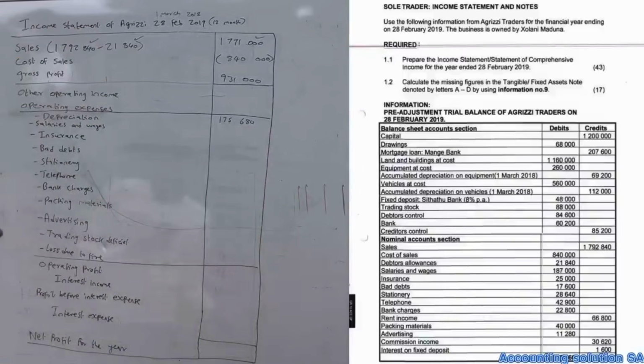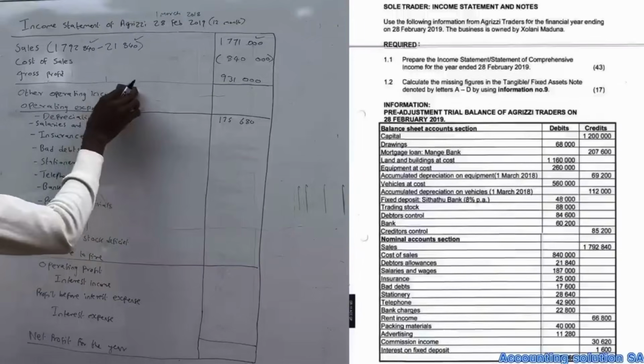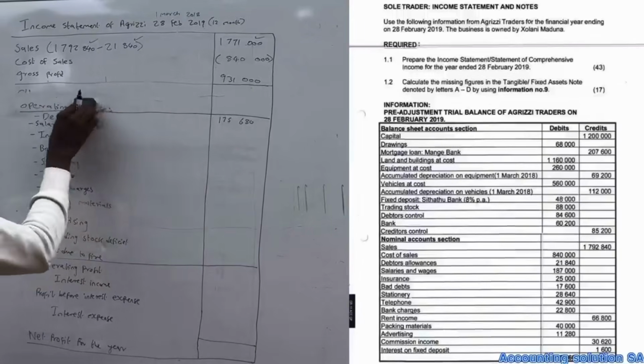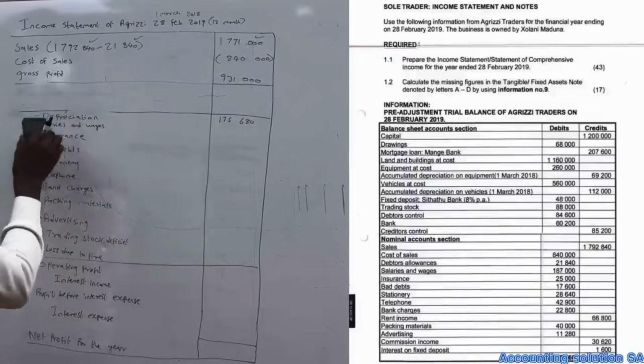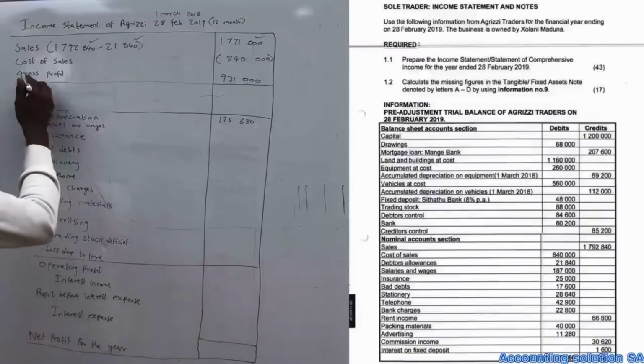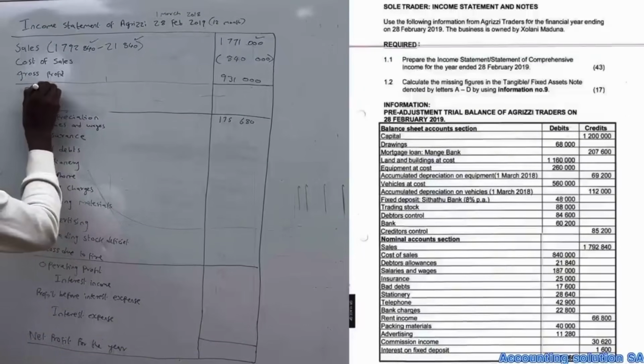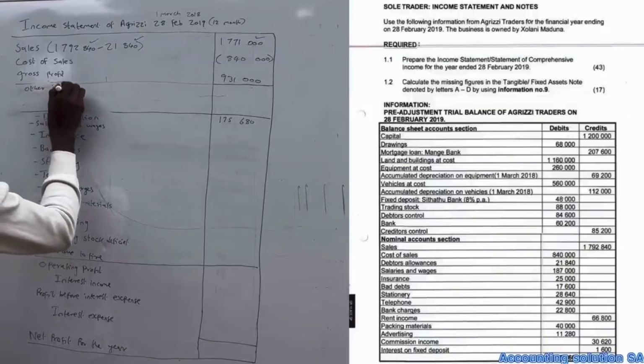The next one we have is other operating income. Here I have to create a space before operating expenses. I have to create an income space. Okay, we have other income.